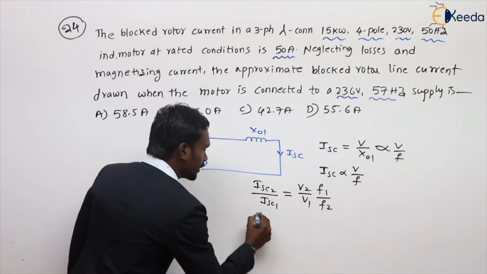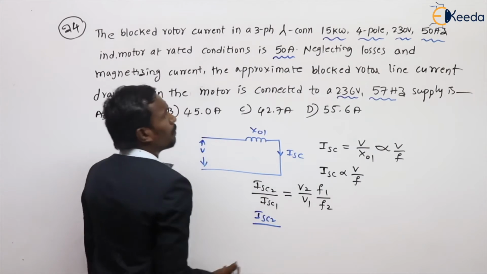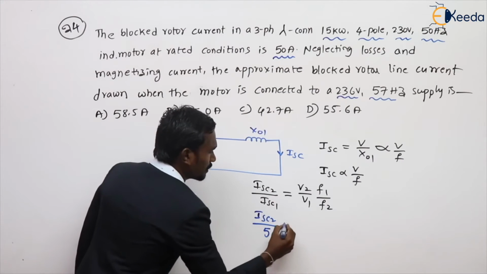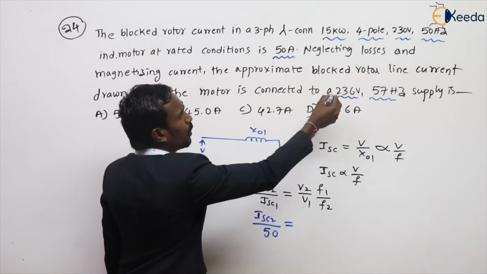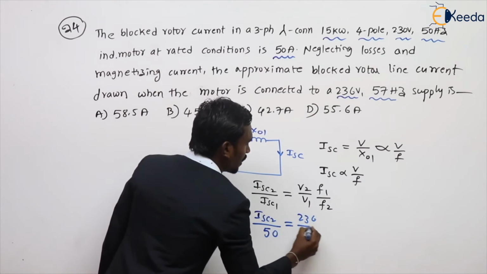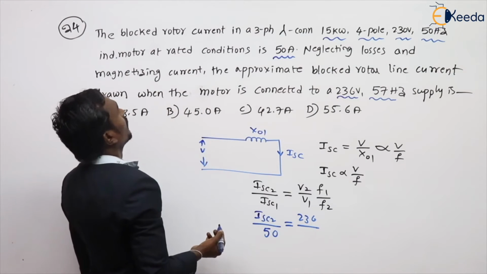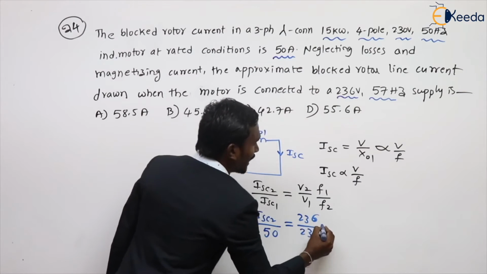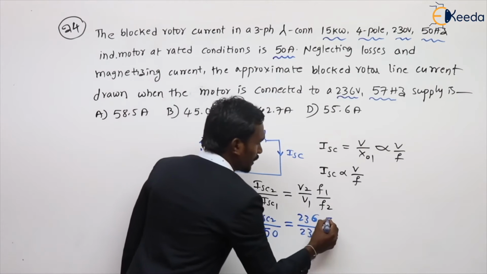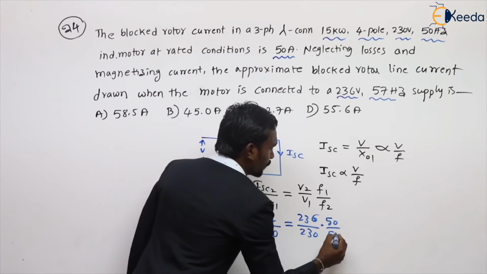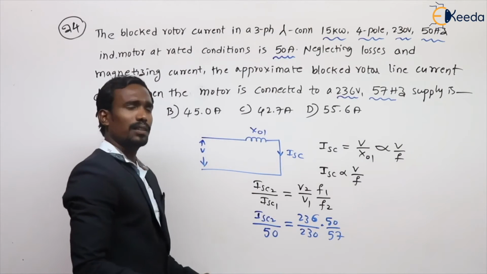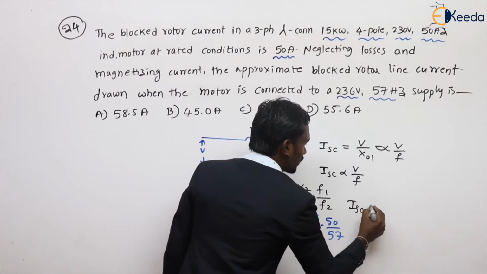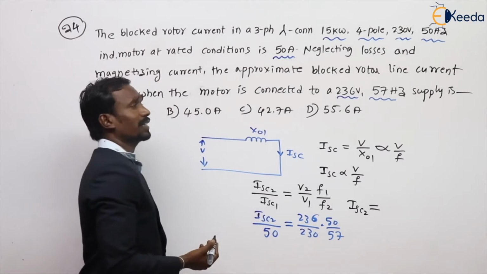We want ISC2, we don't know ISC2, but ISC1 is given as 50 amperes. That equals V2 by V1, where V2 is 236 and V1 is 230, and F1 is 50 and F2 is 57. So we have to calculate ISC2, the short circuit current at the given condition.